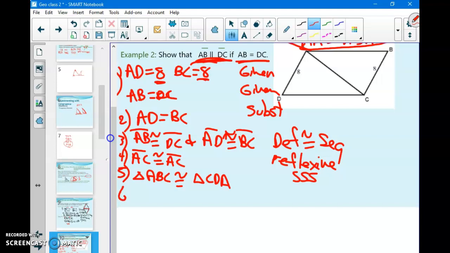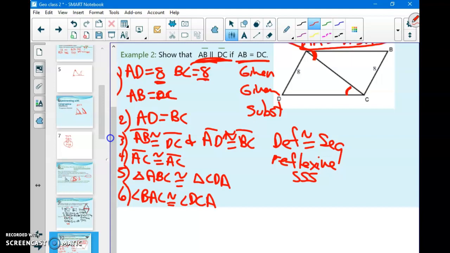But wait, there's more. If we know that angle BAC is congruent to angle DCA, let's go over here and look. BAC right here, I know it's covered up, and DCA right there.